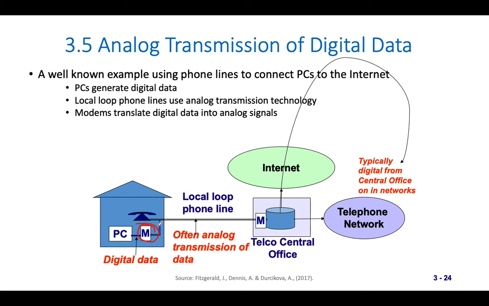That modem usually takes the data as 0101 computer language and converts it into phone language, which is analog. That analog usually goes to the TCO, the telco office, which is usually at the corner of each street, and after that it is sent through the cables.